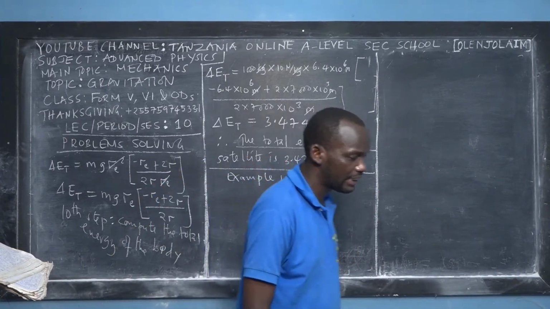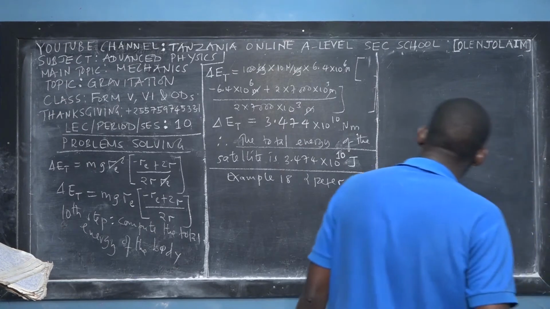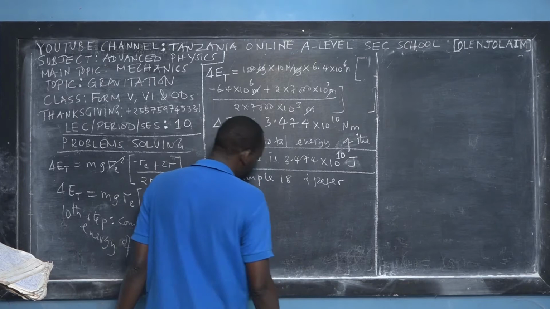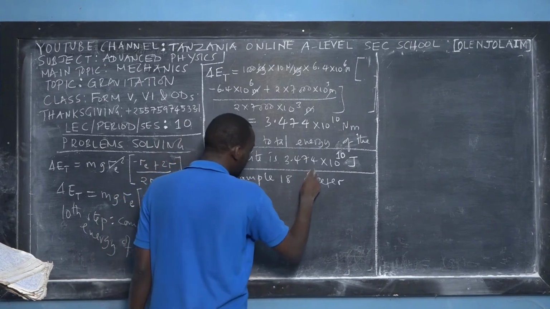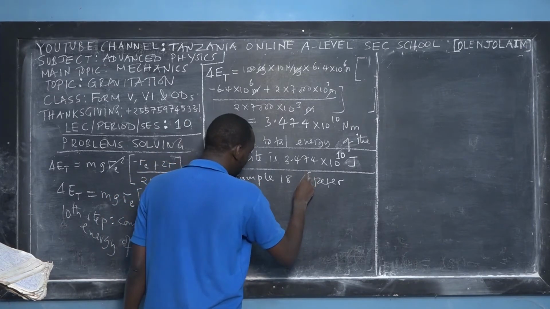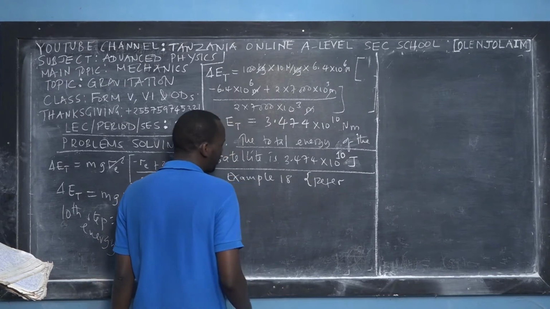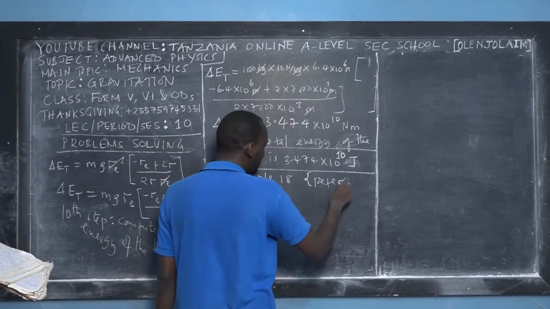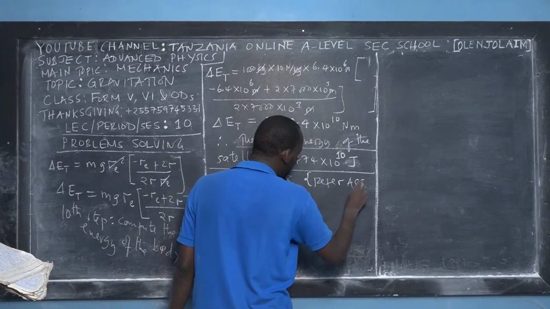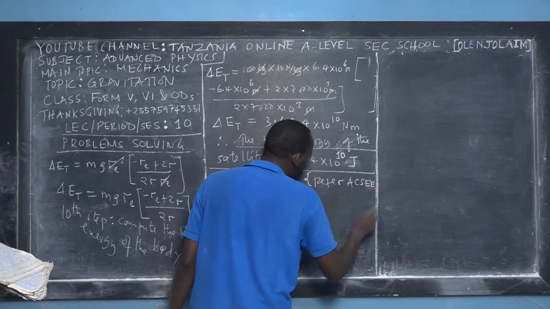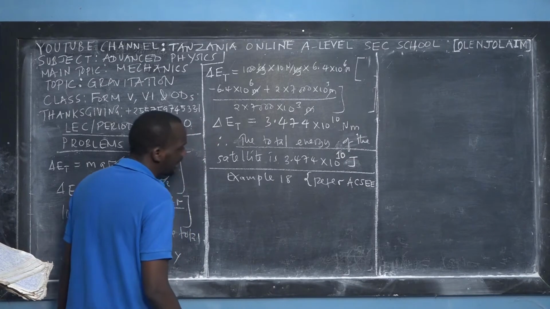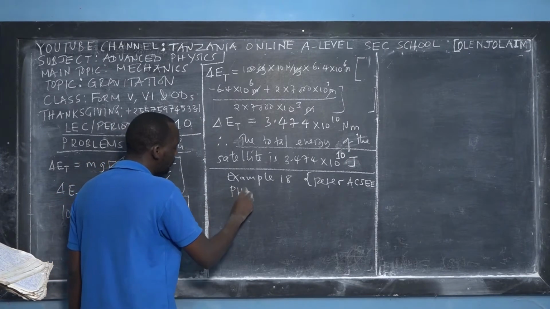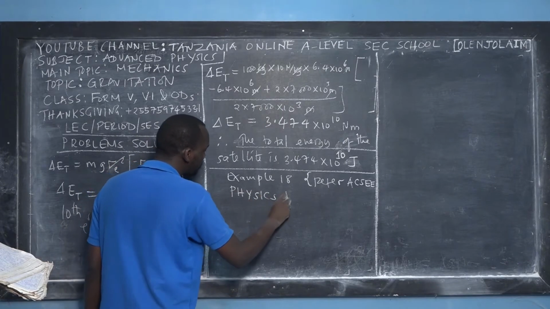Before 2010, gravitation was one of the topics contributing to one question in paper 2 of 20 marks. Then after formulating a new syllabus, gravitation now became one of the topics contributing in the Advanced Certificate of Secondary Education examinations, Physics paper 1.